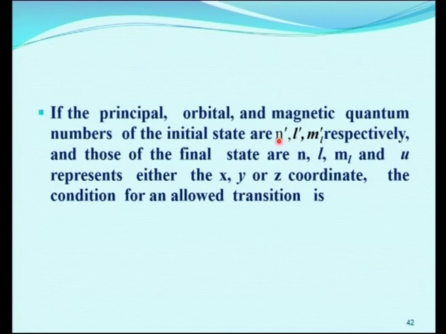In the final electron energy level, n dash becomes n, l dash becomes l, ml dash becomes ml, and u represents either the x, y or z coordinate.